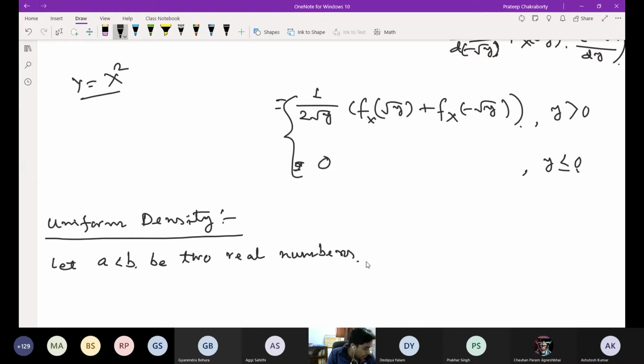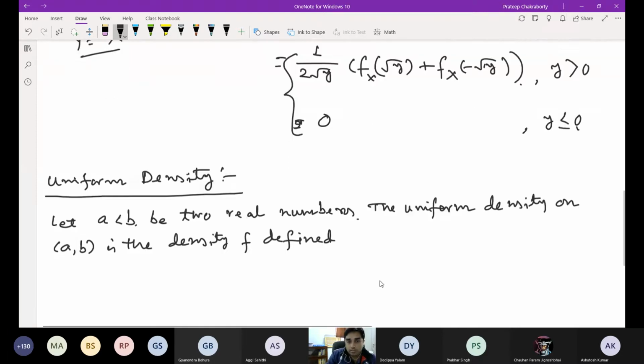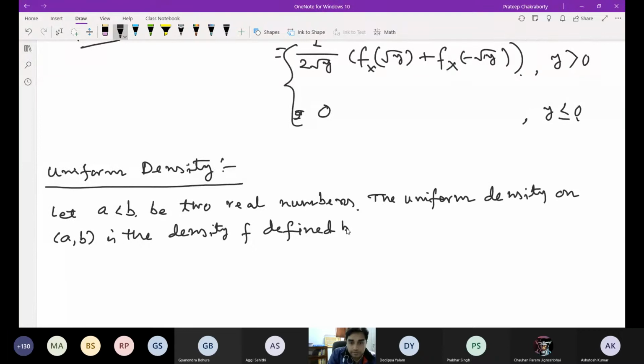The uniform density on the interval a comma b is the density f defined by f(x) equal to 1 by b minus a for a less than or equal to x less than b, and 0 elsewhere. These are continuous density functions.